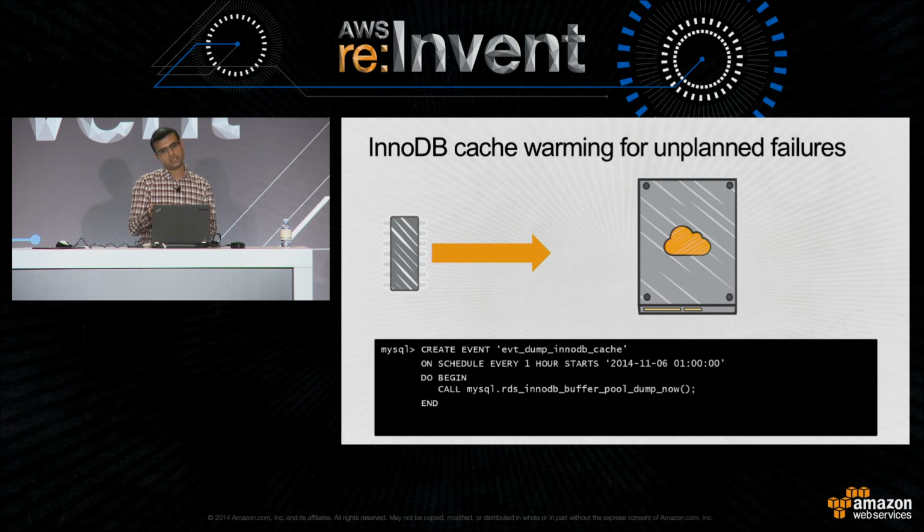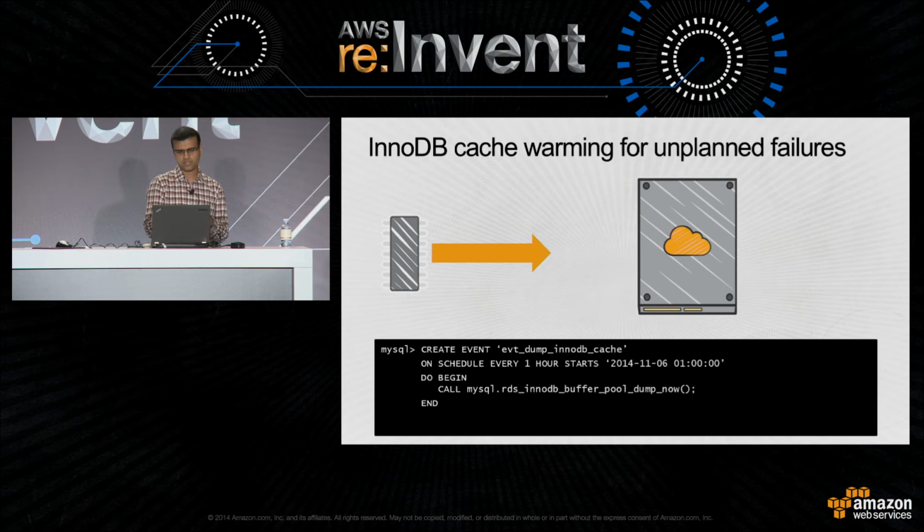The thing to consider here, though, is that turning on those parameters only helps you with planned reboots with RDS. If your instance goes through an unplanned failover, which of course by default is unplanned, you won't be able to take advantage of this feature if you don't do anything. However, we have a stored procedure that allows you to dump the buffer pool at your own chosen time frame.